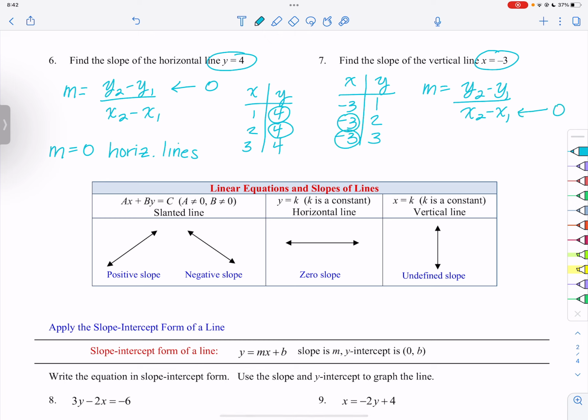So if you have a 0 in the denominator, you have an undefined value. So the slope is undefined.